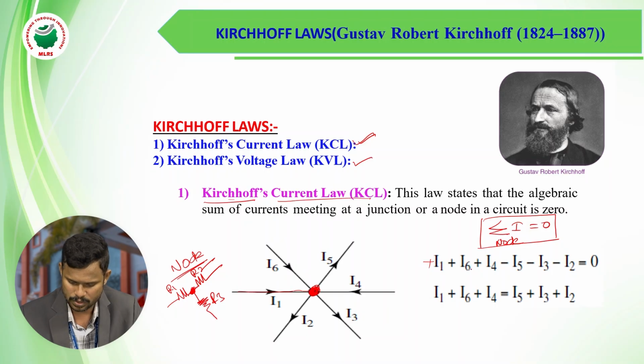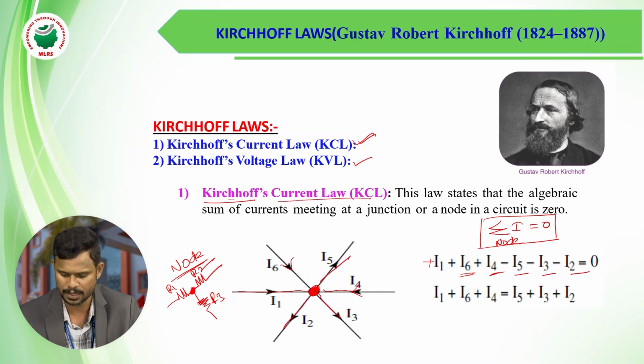I6 is also an incoming current, I4 is also an incoming current, and I5, I3, I2 are the outgoing currents, which are written with minus. Overall, we can add all the currents at a particular node, and that is equal to 0. This is the Kirchhoff current law.